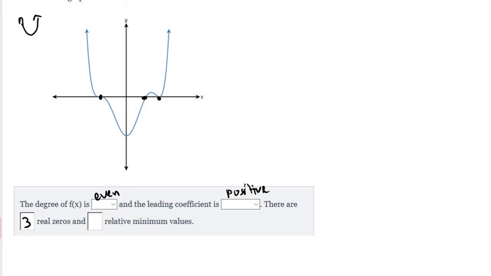So the zeros are the points of intersection. Zeros are the x-intercepts. Just count them. So there's 3 of them. 1, 2, 3. Although the multiplicities are different, it doesn't matter. Just how many places is it crossing or touching?